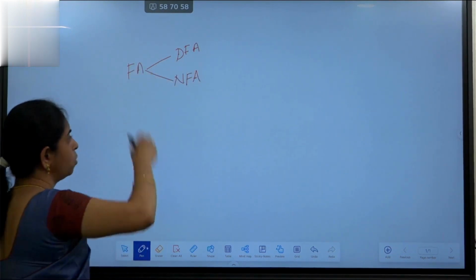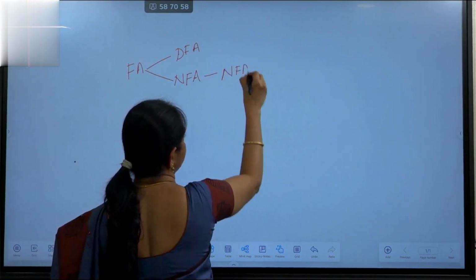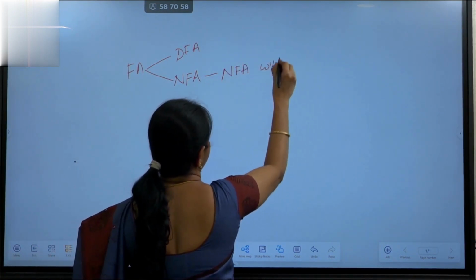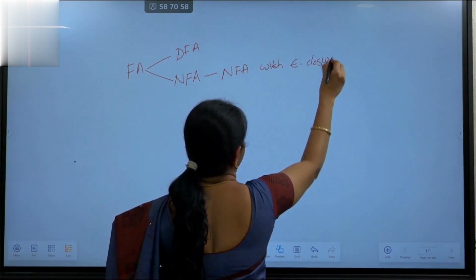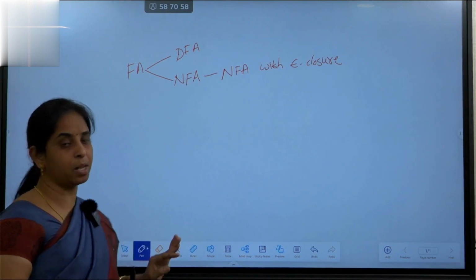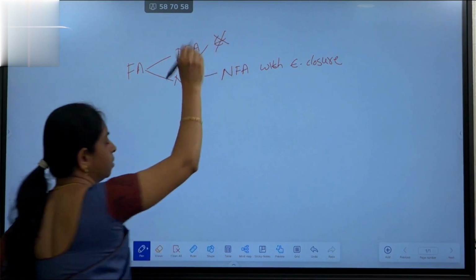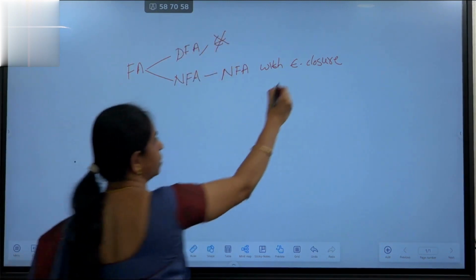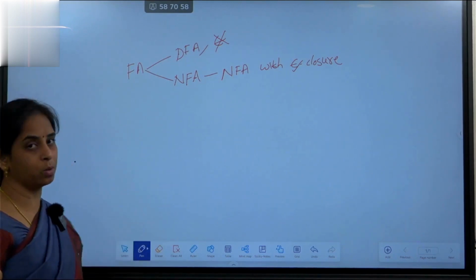Coming to one more version of NFA, we have NFA with epsilon closure. That means an NFA that allows epsilons, whereas the DFA doesn't allow any epsilon. Since NFA allows epsilon, we have one more version of NFA, that is NFA with epsilon closure.